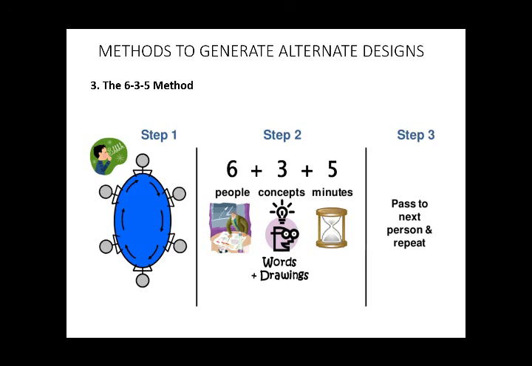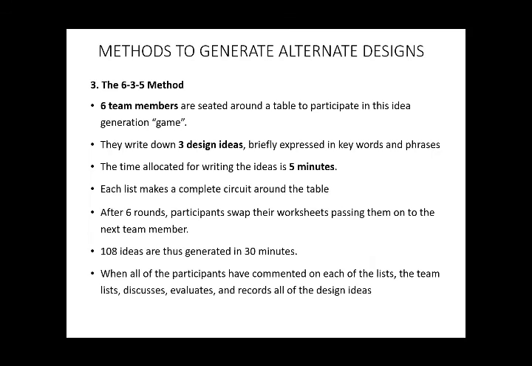So after the 6 rounds are completed, that means once the person gets back the concepts that he has written, 6 rounds will be completed by them. After completing these 6 rounds, a large number of concepts would have been generated for that design problem. So that is the 635 method.